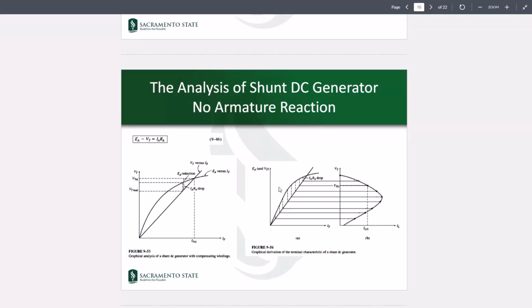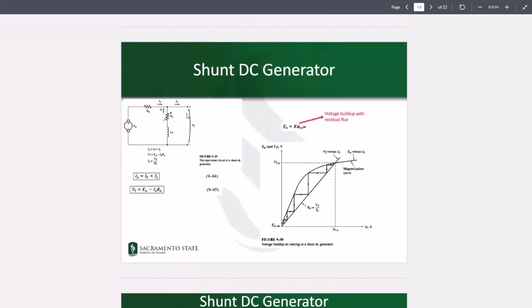You can come up with this to determine the VT versus IL characteristic. So through each RAIA drop, or each working condition, you come up with the VT, and then you would get the actual IL. There is a difference between IA and IL in the shunt machine, right? IA would be different from IL.